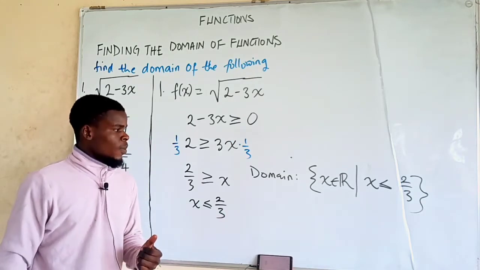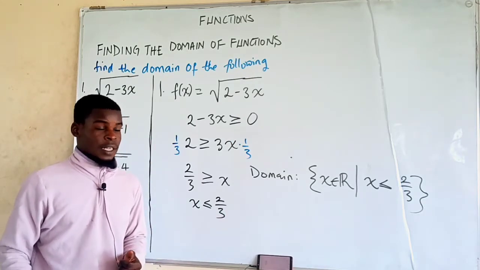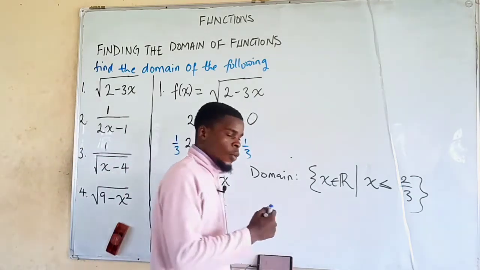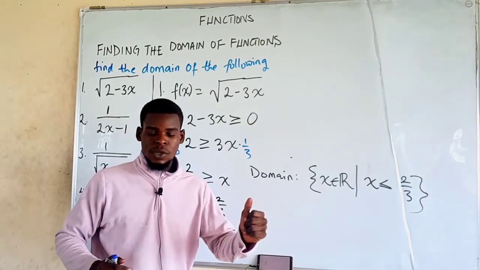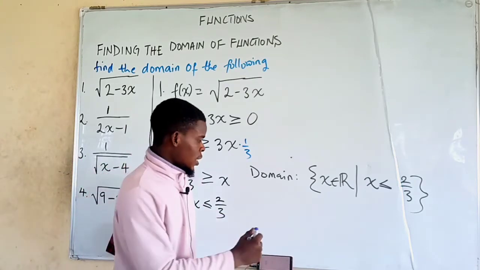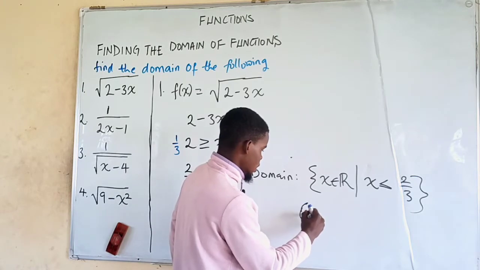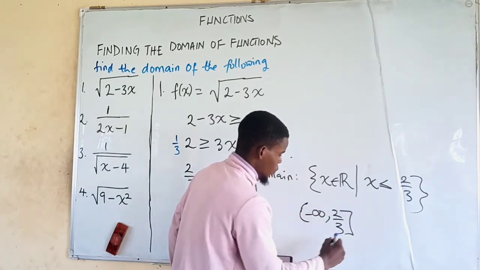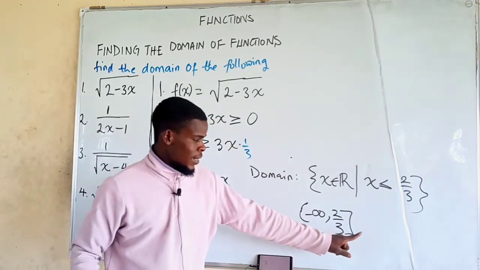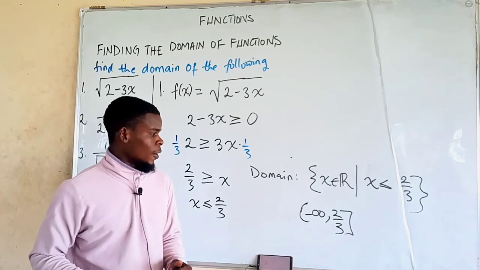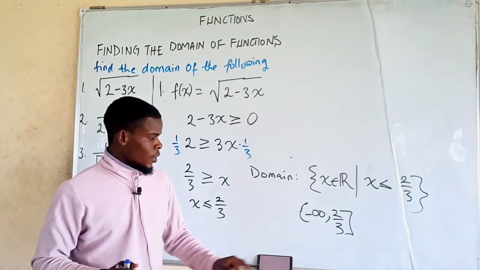Good. Maybe we can also write this using interval notation. When we talk about an interval such as this, we know that the set of real numbers starts from negative infinity all the way to positive infinity. That means the domain can also be written as from negative infinity all the way to 2/3, and we put a parenthesis here and a closed bracket there.